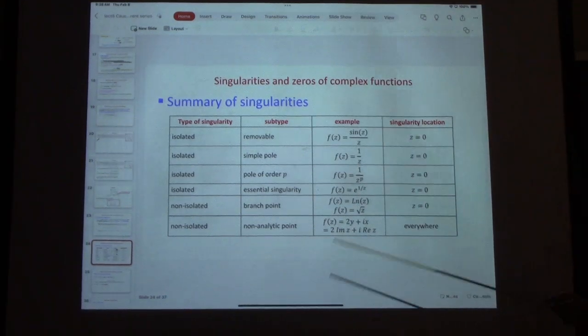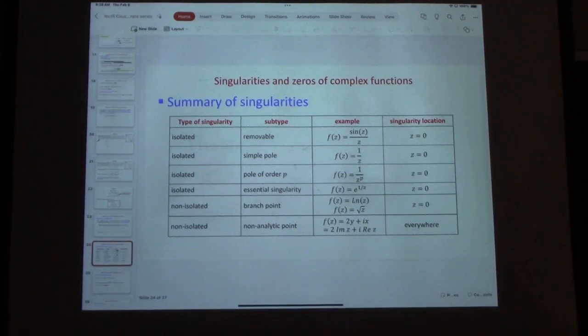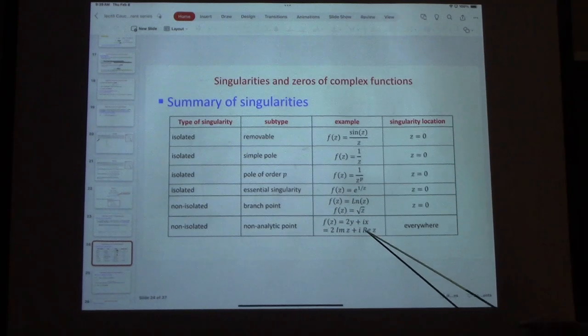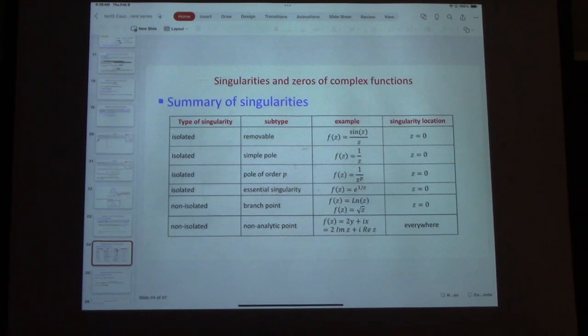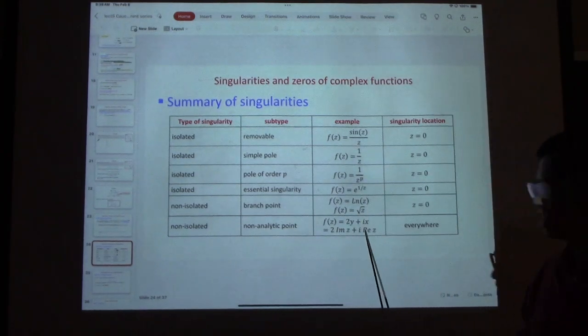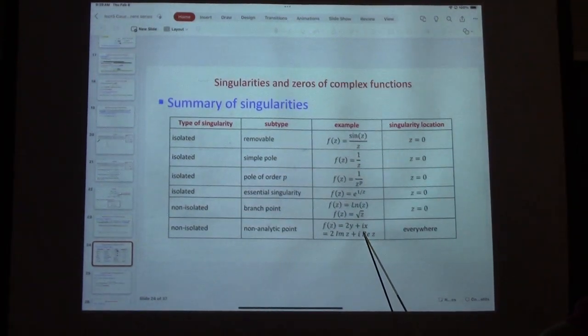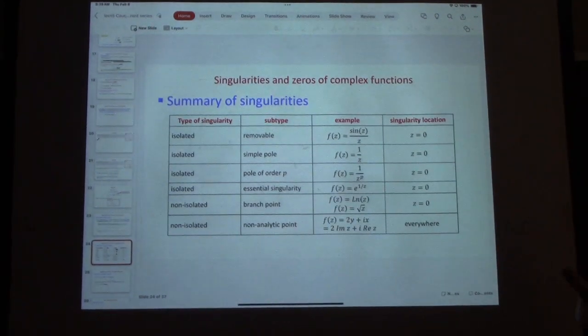And then there are some complex functions where at every single point, the Cauchy-Riemann conditions are violated. That means every single point is a singular point. Okay. And again, these kinds of things, you do not see anything like that in real functions. Real functions, you have some region you can never reach.